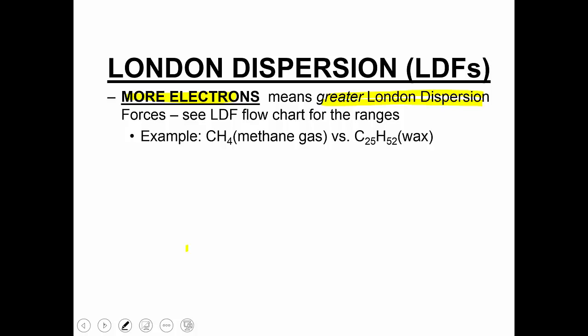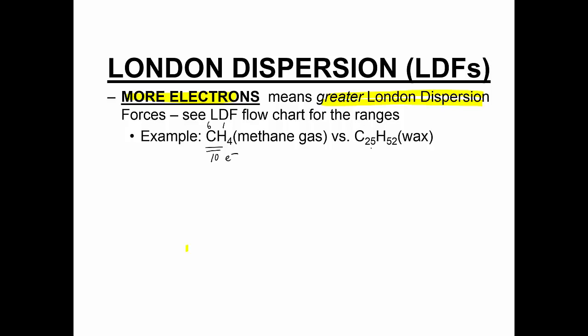Okay, so for example, methane. If we counted the electrons here, carbon has, and this is not valence electrons, this is total electrons, carbon has six, and each hydrogen has one. So this methane would have a total of 10 electrons.